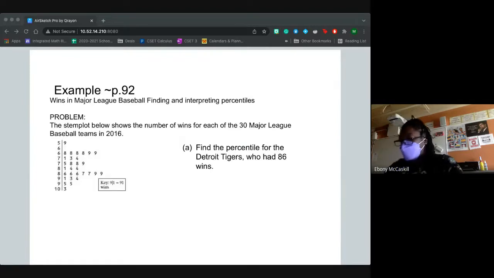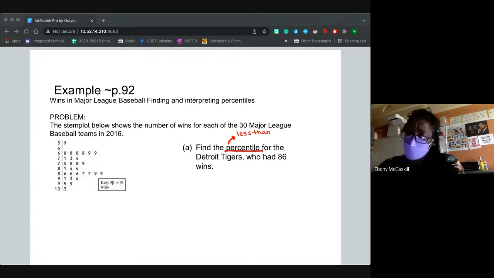So the first step is to remember the word percentile. When you see a word problem, we want to find the vocabulary that we know. And we know that percentile, tell me if I'm right or wrong, means that we're only looking for the numbers that are less than. Am I right or am I wrong?